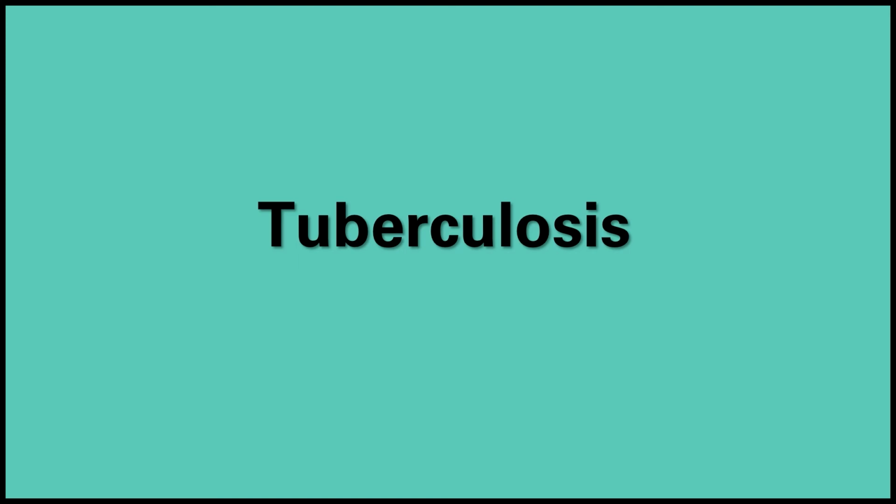And in those with a 5 millimeter or greater induration, we treat them if they are HIV positive, had a recent TB contact, have chest X-ray findings consistent with prior TB, or are otherwise immunosuppressed.